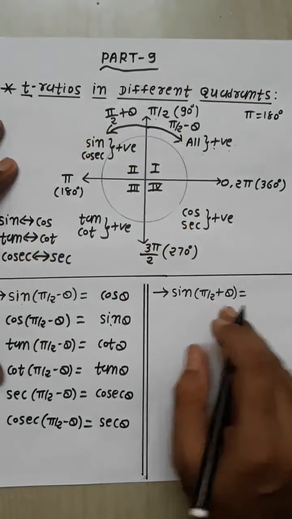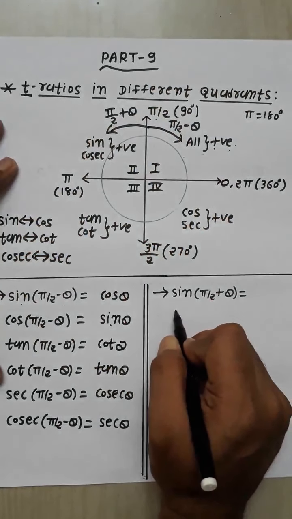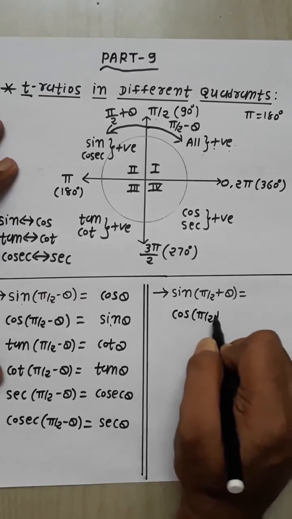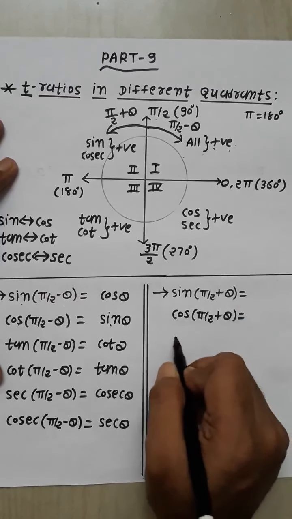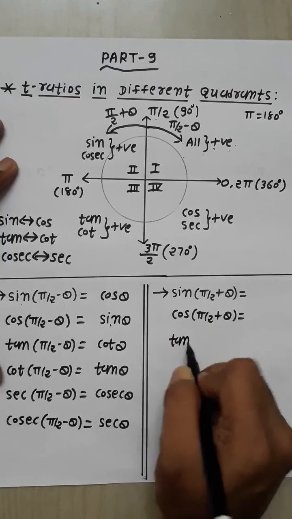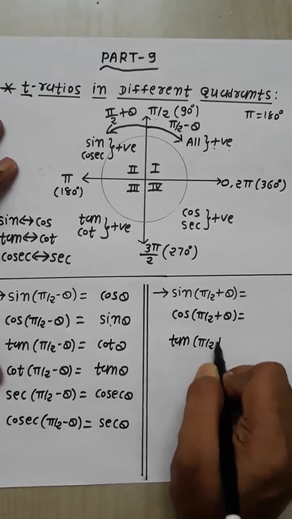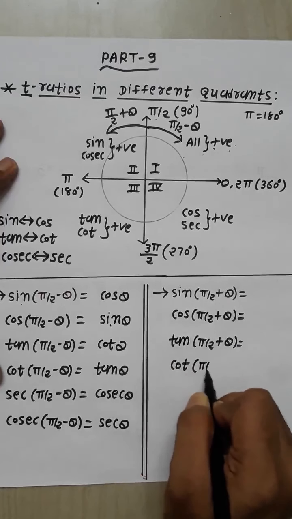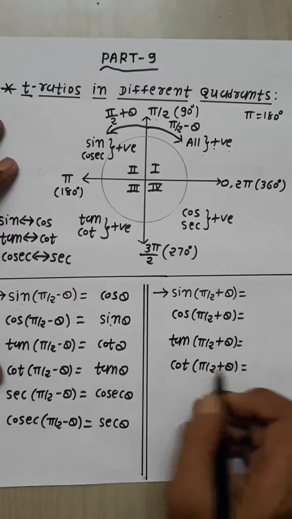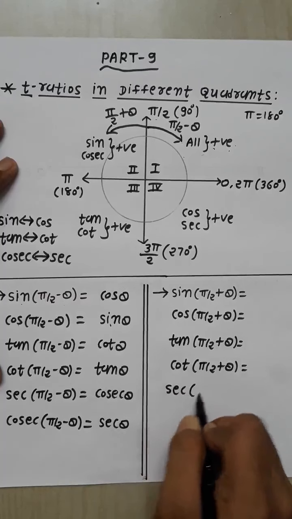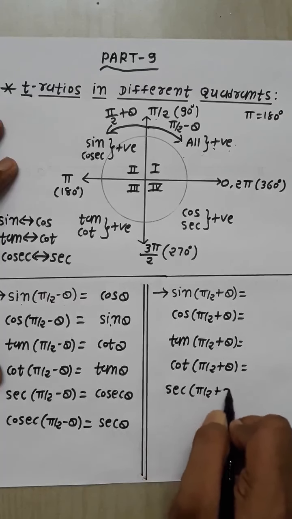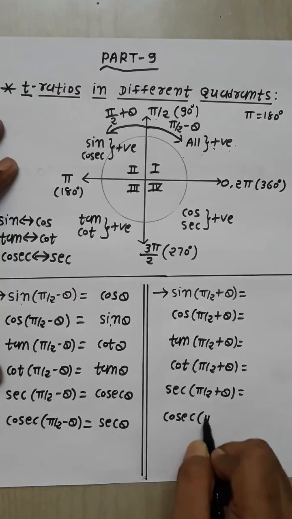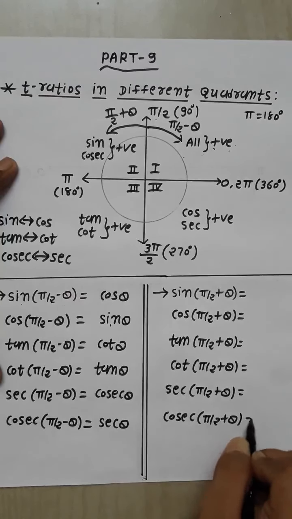Now first of all, write all these functions: cos(π/2 + θ), tan(π/2 + θ), cot(π/2 + θ), sec(π/2 + θ), and cosec(π/2 + θ).